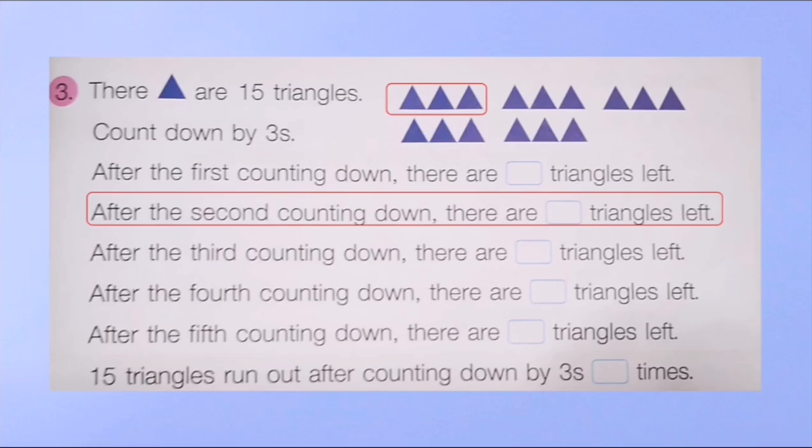So we have our first countdown by threes and then our second countdown by threes. So how many triangles are left? Please write your answer inside the box. Okay, so we are done with our example for number 3. Let's proceed to page 72, exercise number 4.